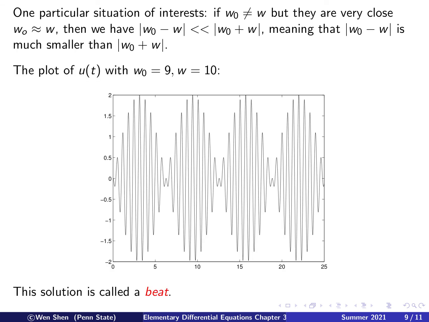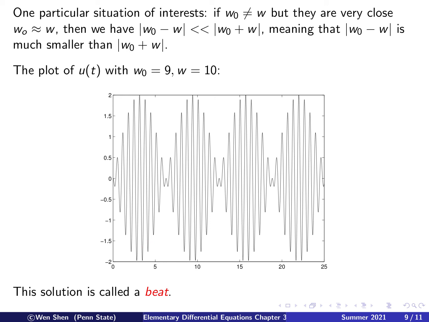Then we can show an example to see how the function looks with a particular choice of ω₀ and ω. We chose ω₀ to be 9, ω is 10, and we plotted the function where A is 1, and it looks like this. So what does it say?